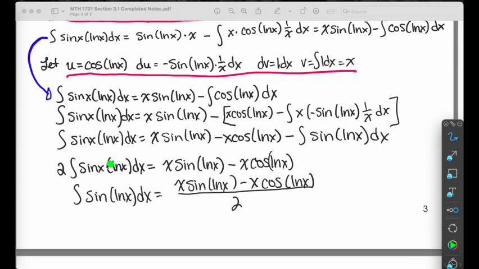Okay, now notice that we have the same thing we started with the first time around. If this happens, since these do not have integrals in them, this is completed, I can add this integral to both sides, so I have 2 of them over here, and then I can solve for this integral by dividing both sides by 2.